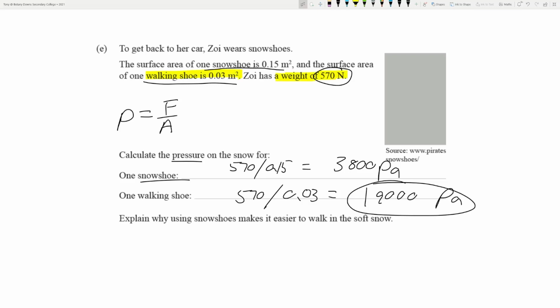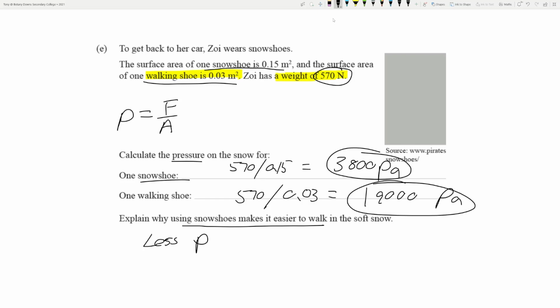Okay, so if we look at the second part of the question, it is asking us to explain why snowshoes are easier to walk in the soft snow. So if you look, the snowshoe has got less pressure, from the calculation that we did over here.